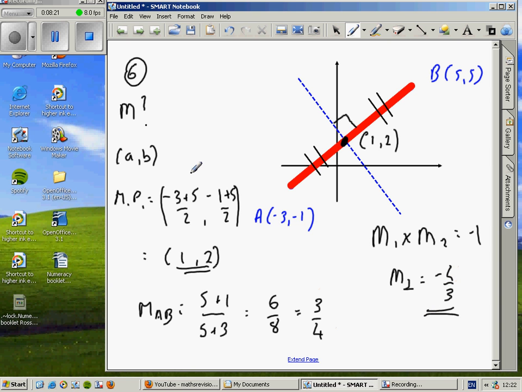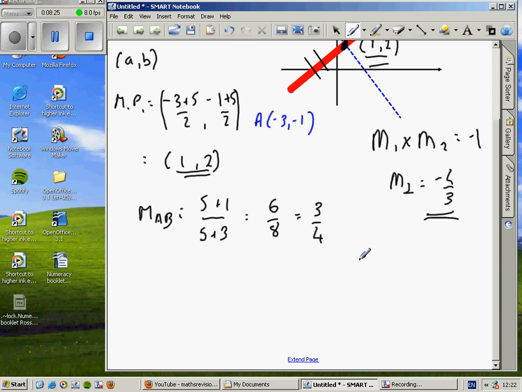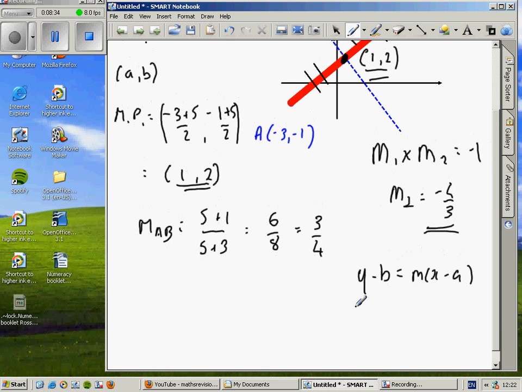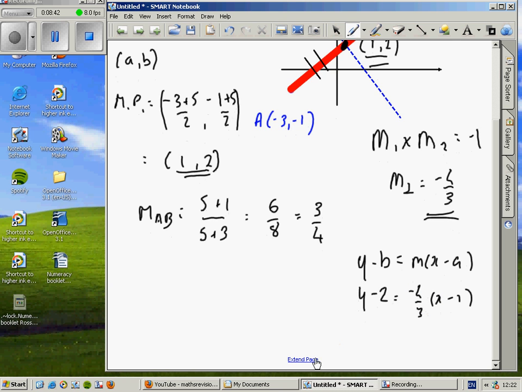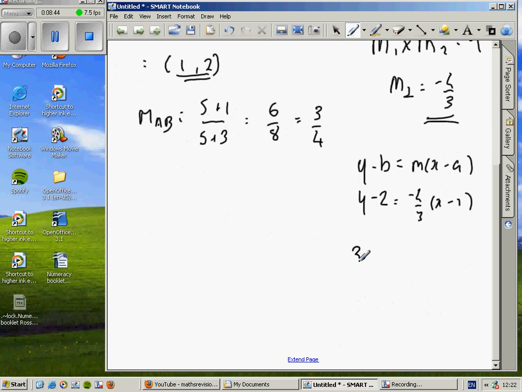We've got the gradient and we've got a point, and we'll sub into y minus b equals m bracket x minus a. So it's y minus 2 equals minus 4 over 3 bracket x minus 1. Multiplying through by 3 to get rid of the fraction, that'll be 3y minus 6 equals minus 4 bracket x minus 1.